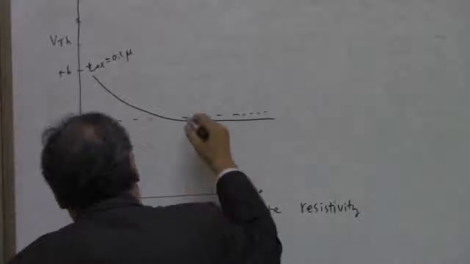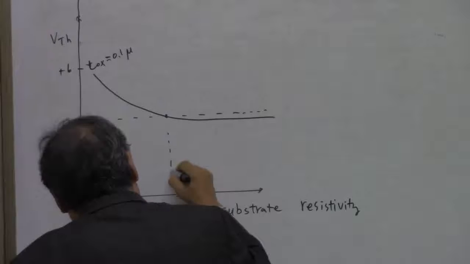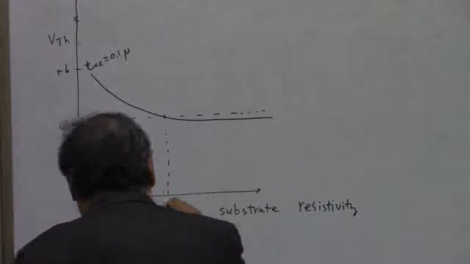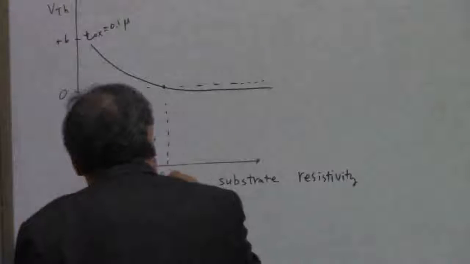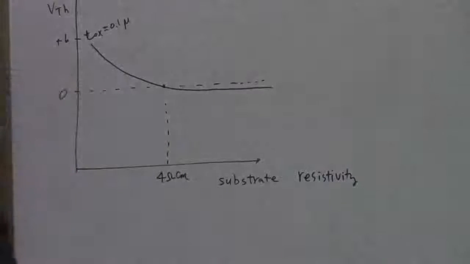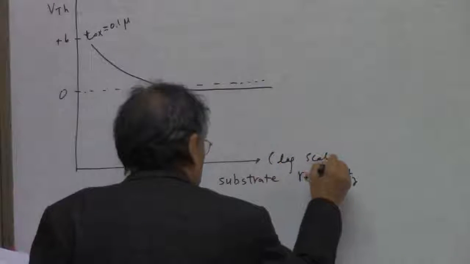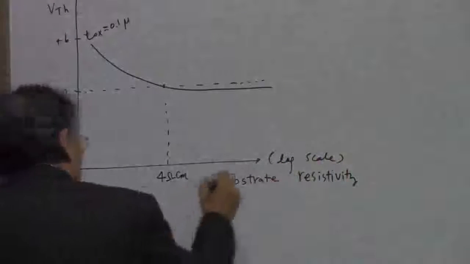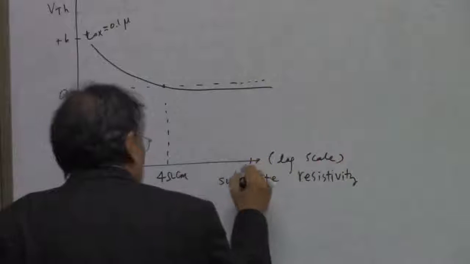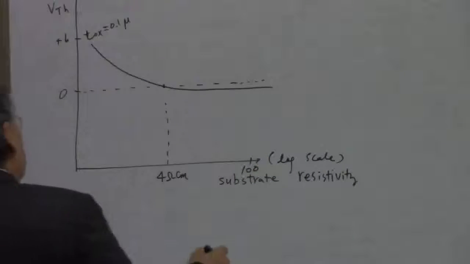And this value is about the substrate resistivity of 4 ohm centimeter. Okay, this is a low scale. And here, let's say this is about 100 ohm centimeter, something like that.